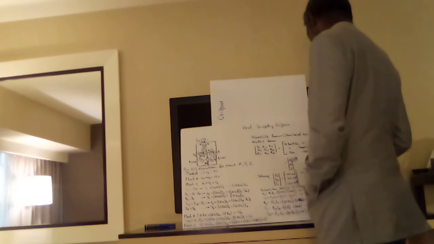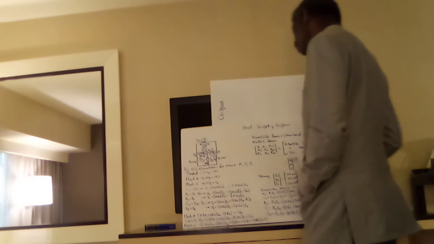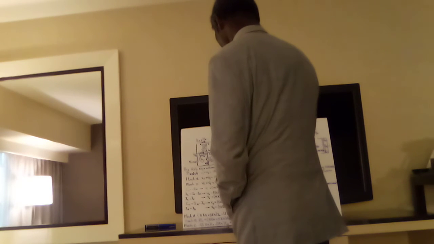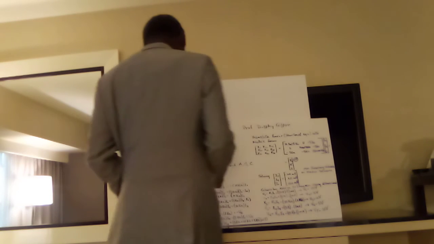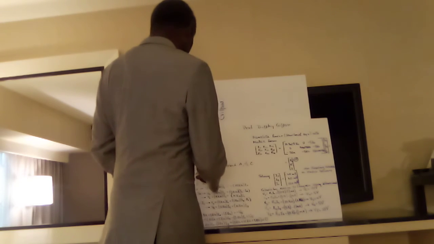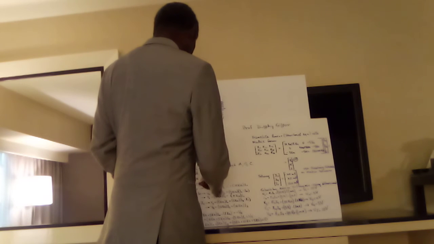Here's a 10, and here's a 5. R12 will be equal to 0, as there's no resistance common to 1 and 2. This is 1, and this is 2, and this is 0 resistance. And R13 is equal to minus 5 kilo ohms, the resistance common to 1 and 3, which is this one here, which is 5 kilo.